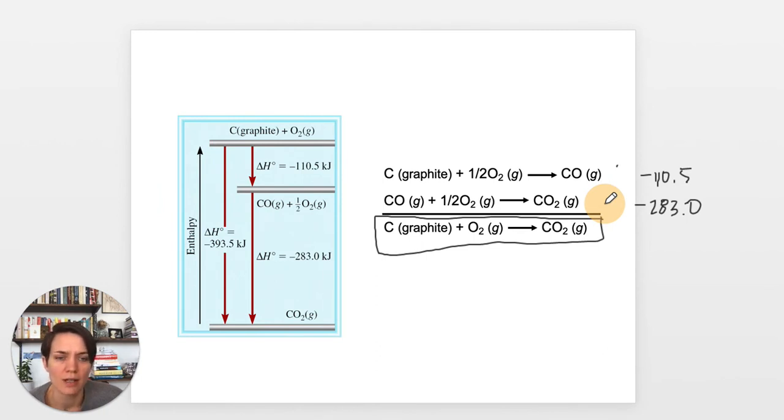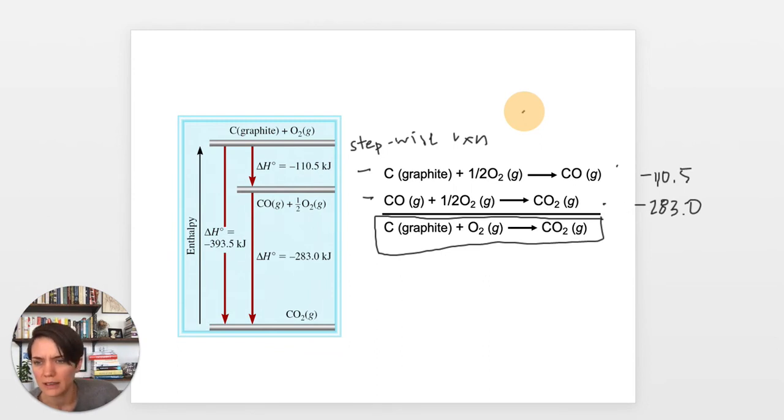So this is our target reaction. It's important to recognize that when we add our stepwise reactions, so that's what these are called, these are stepwise reactions, and they're used in Hess's law problems in order to determine the enthalpy change of a different reaction.